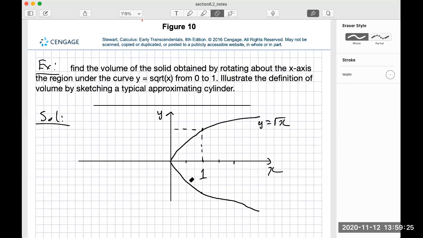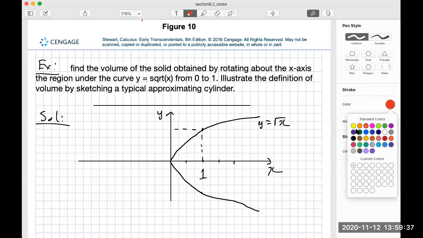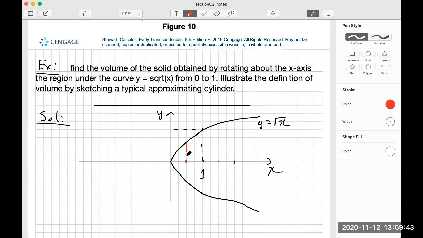Okay, from 0 to 1 here. So at the position x, suppose it is right here in the middle. What is the value of y? If at the point x0 here, what is the value of y?